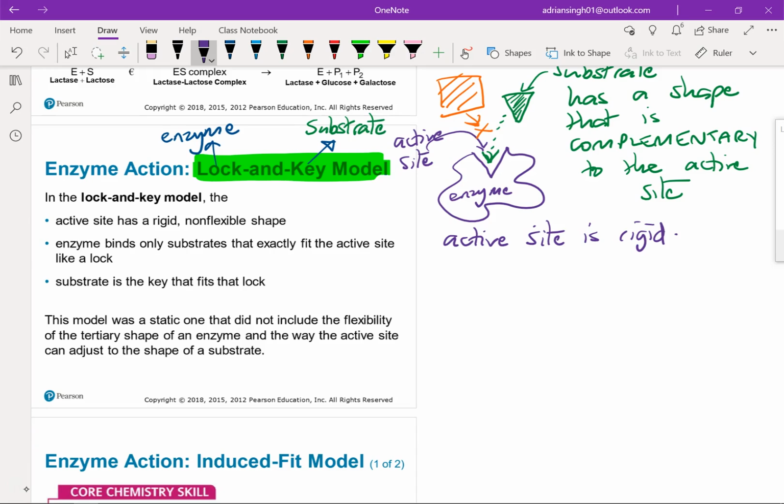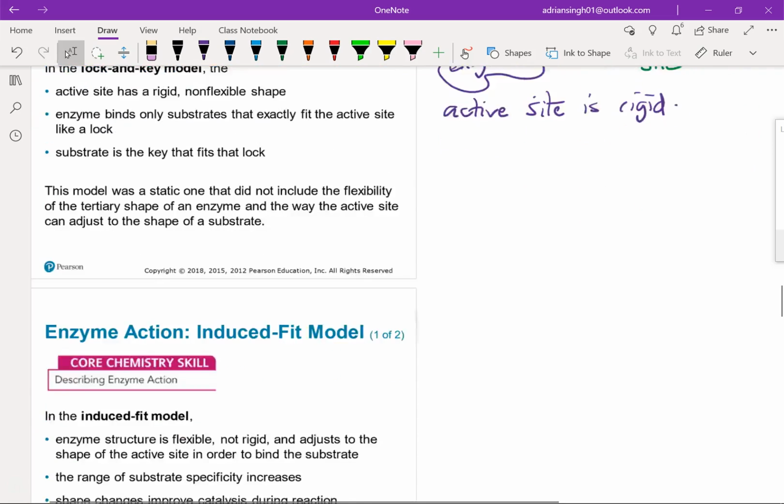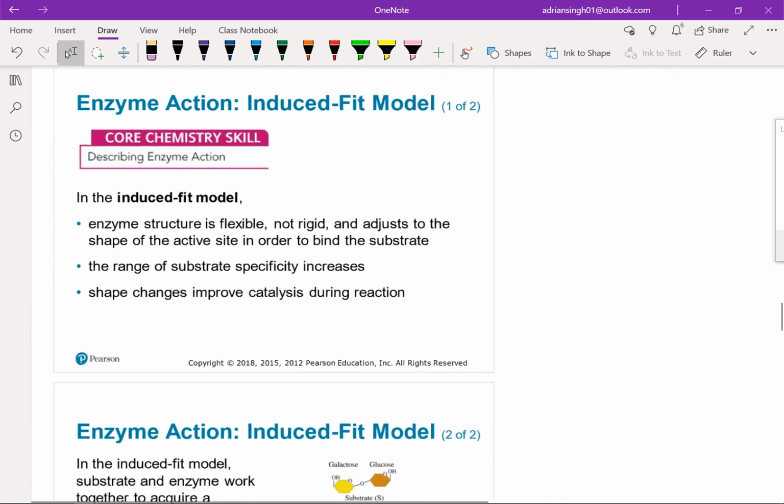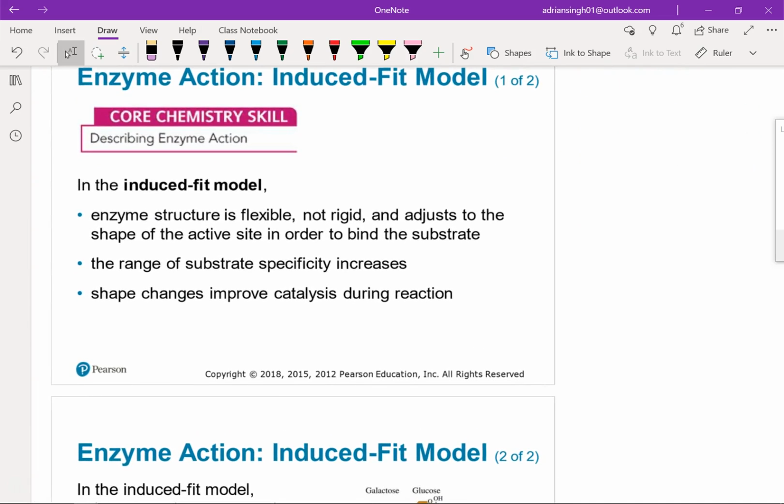So that type of model can be used to explain the behavior of some enzymes, but not all of them. There's a slightly different model known as the Induced Fit Model, which instead says that the structure of the enzyme, specifically the active site, is not rigid, but it's actually flexible.